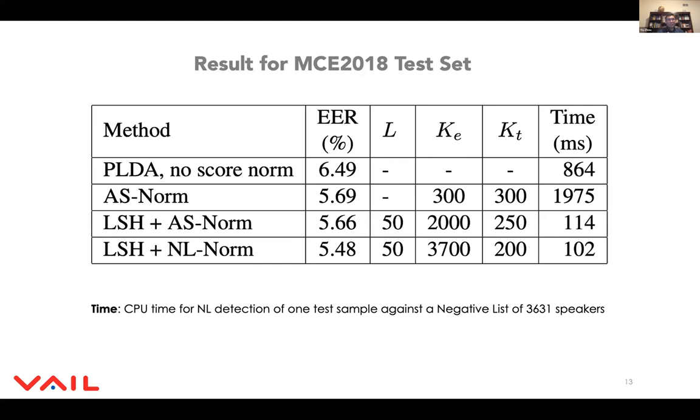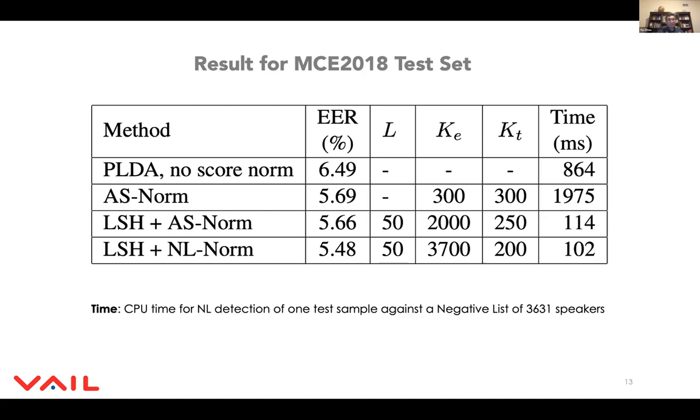It's very similar to the result without LSH, but now the processing time is reduced from almost 2 seconds down to 114 milliseconds. On top of that, if we replace the normalization method from AS norm to NL norm, then we see that the EER is reduced from 5.66% to 5.48%, with little change in the processing time.